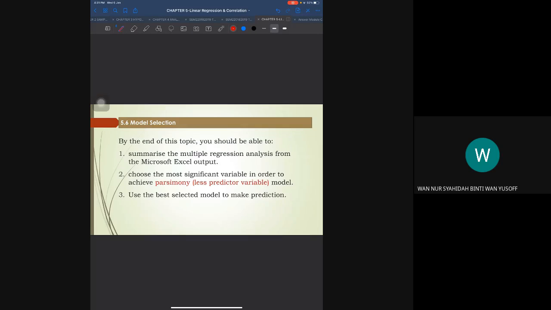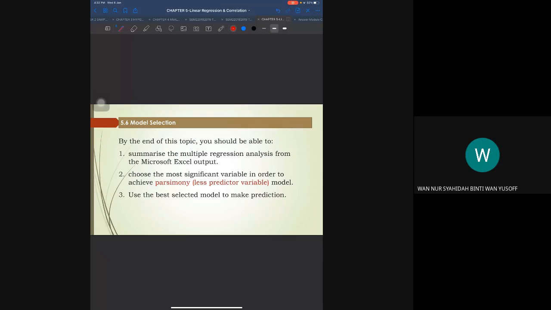Okay. So in real research, almost all the time we do not use the model with all the predictor variables, because it will affect your cost and it will affect your time. If we consider all the independent variables, then it will affect the time of the research and also the money, the cost.